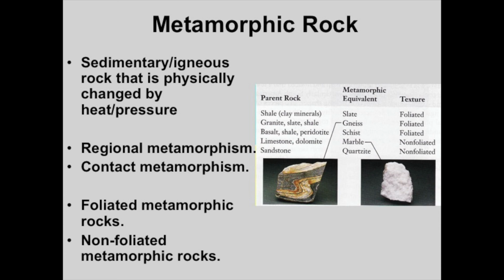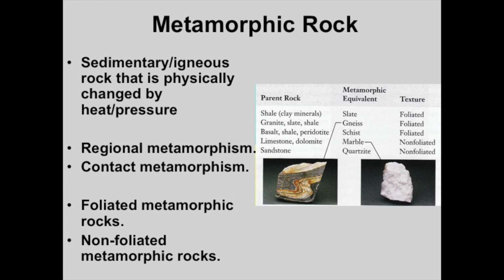Compare, in this case, the kinds of parent materials that you see listed on the left-hand side of the image to what metamorphic results we see on the right side. So what you will find when you look more closely at this table is that a parent rock material like limestone or dolomite, because of its uniform nature, will result in a more uniform, non-foliated metamorphic rock like marble.